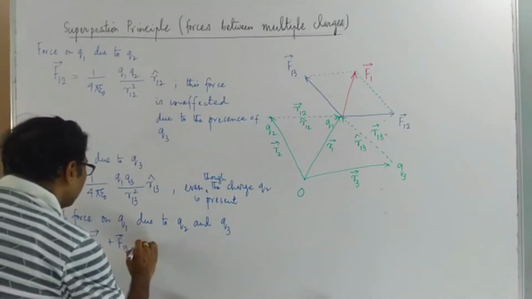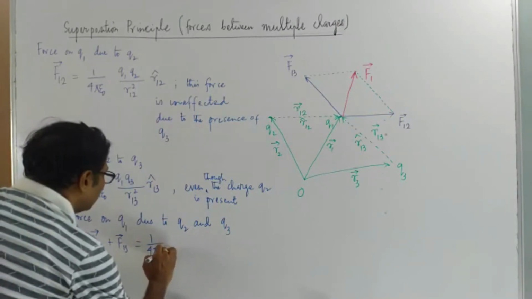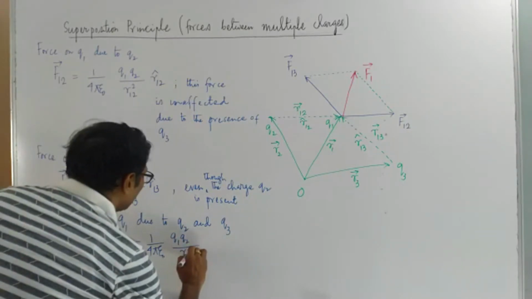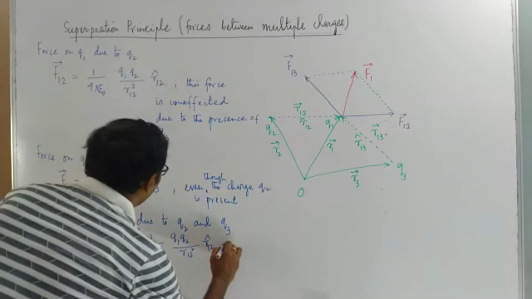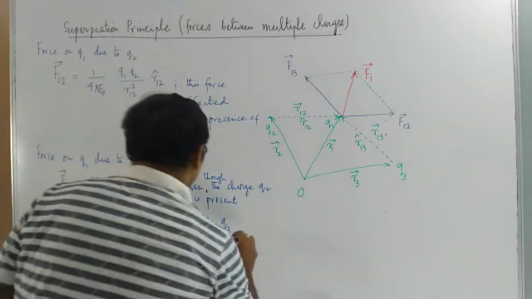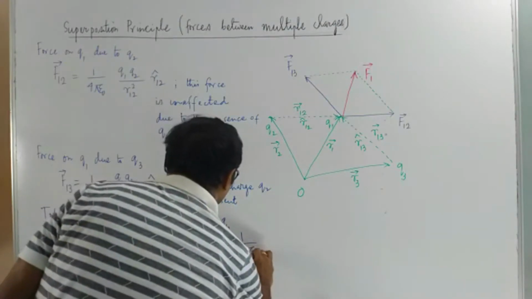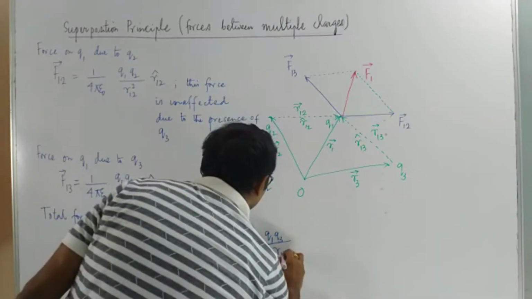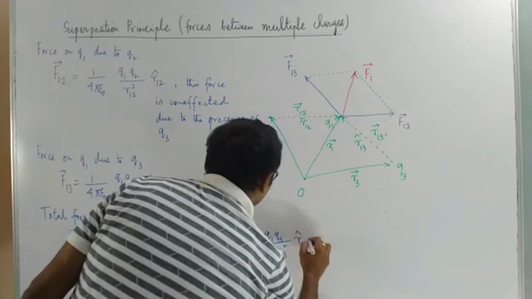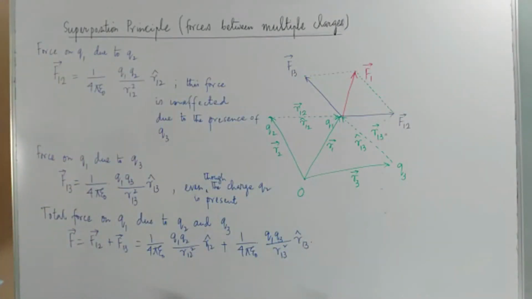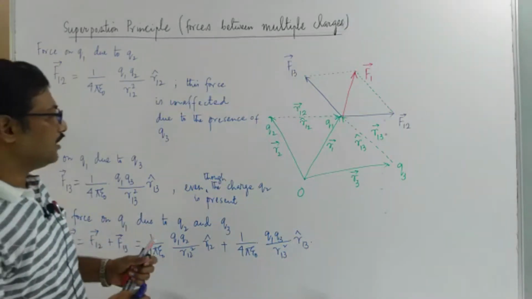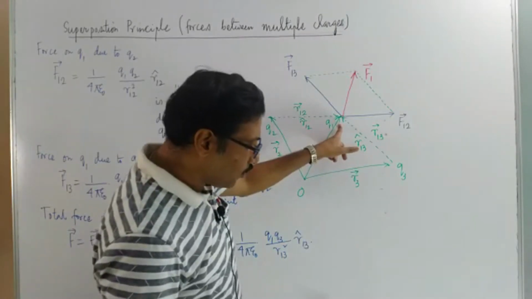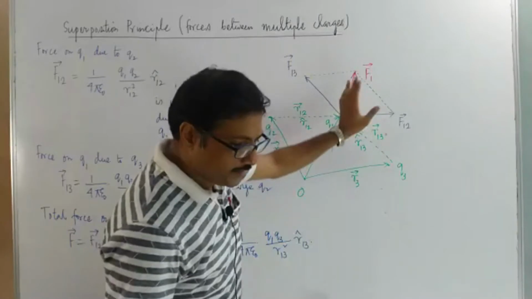You can write it as 1 by 4 pi epsilon 0 Q1 Q2 by R12 square R12 cap plus 1 by 4 pi epsilon 0 Q1 Q3 by R13 square R13 cap. So this is how you can calculate the total force acting on Q1 due to two other point charges.